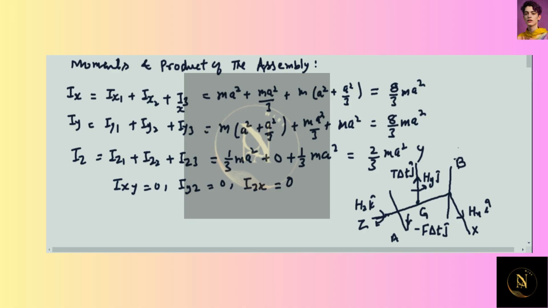This is your centroid G. Impulse consists of minus F delta T J cap and T delta T J cap at G, and this is at A, and Y constraint By is 0.